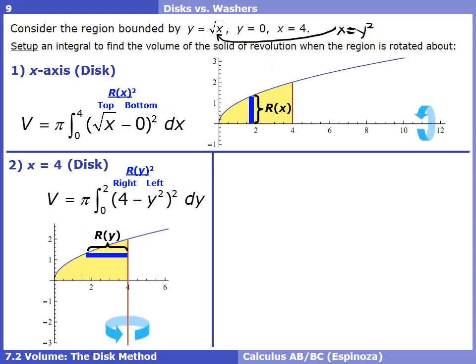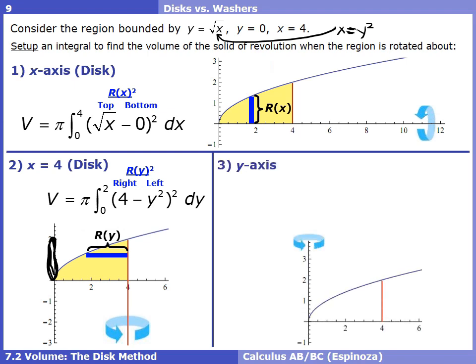And then on top of that, now our bounds are not 0 and 4. Our bounds need to be 0 to 2. That's the area we're looking at in terms of y. We're going from 0 to 2 because everything has to be in terms of y. And again, don't forget, we've got to put that pi in front of the integral, a very common thing to forget about. Okay, one more here.